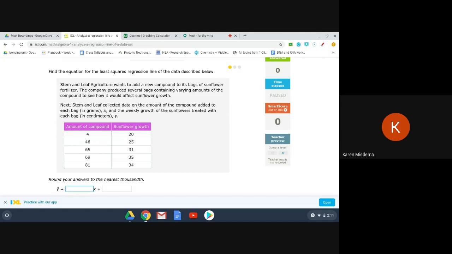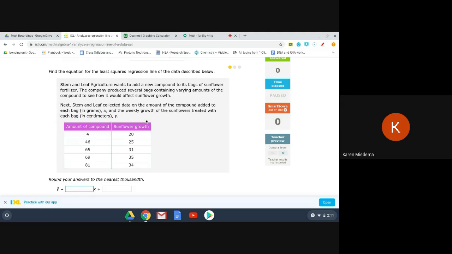All right, so let's just take a look at the data. We see that when the compound was 4, sunflower growth was 20. When the compound was 46, 25. 65, 31. 69, 35. 81, 34.